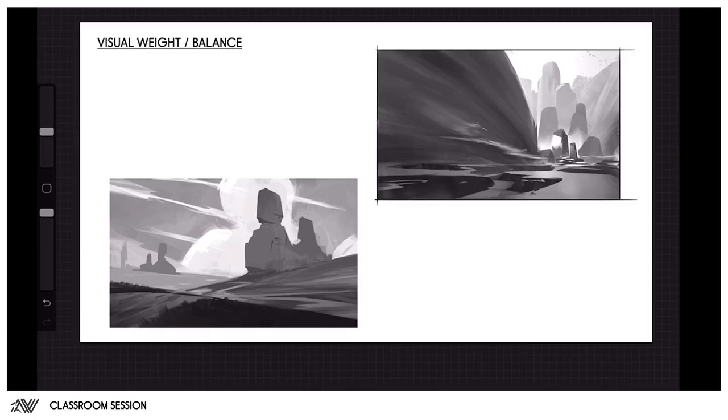It kind of walks hand in hand with the rule of thirds, and if you're already following the rule of thirds pretty well, the visual weight sort of thing comes more naturally. But even then, I see a lot of beginners make the mistake of not dividing their canvas properly.